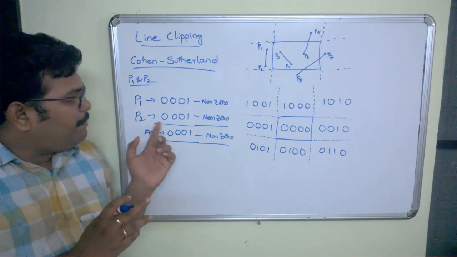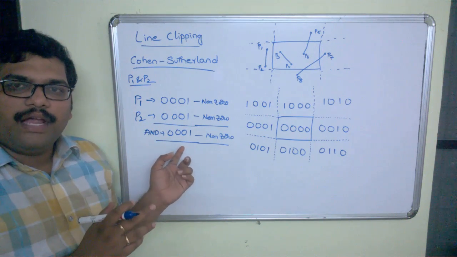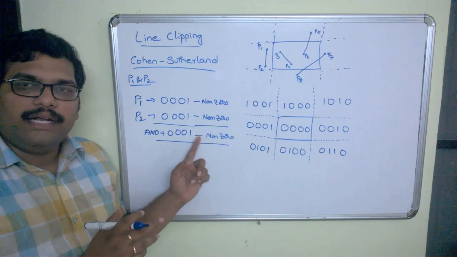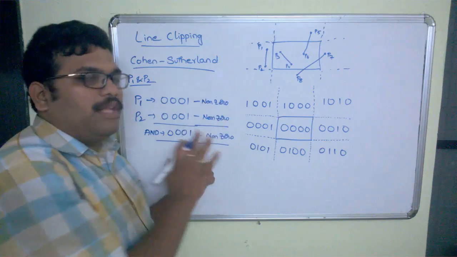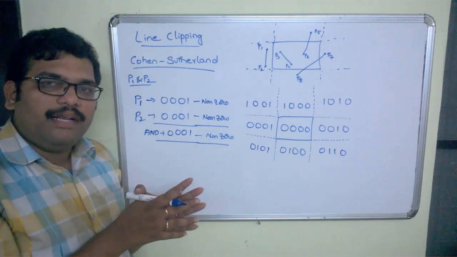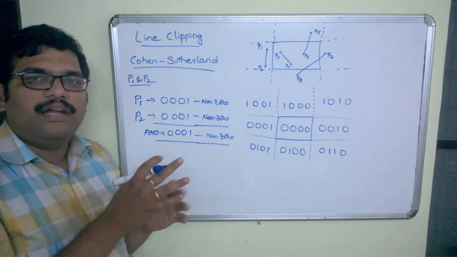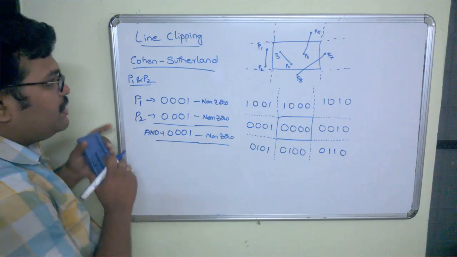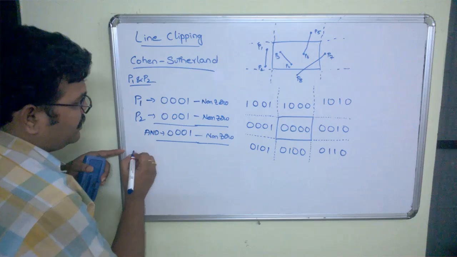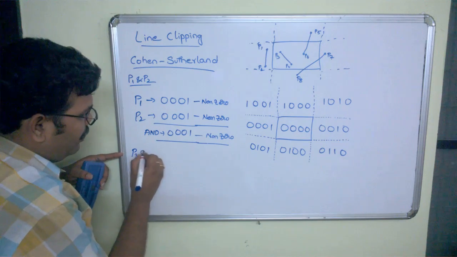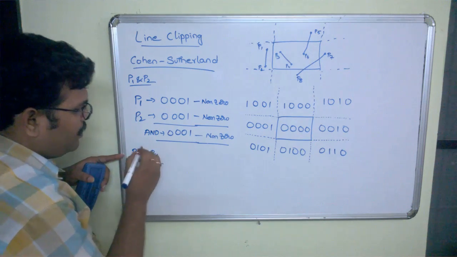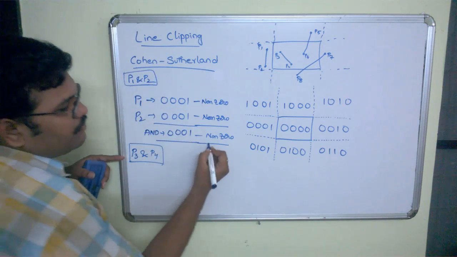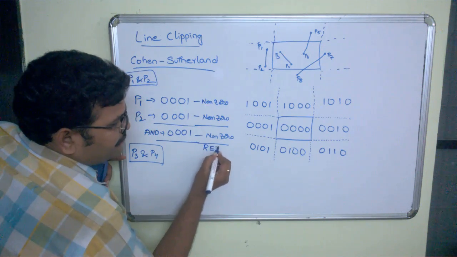Here we apply the AND operation and we get again a non-zero. If you get a non-zero, that indicates that the considered line P1, P2 is completely outside the window. And consider the next line, P3 and P4. So the result of this is a reject.